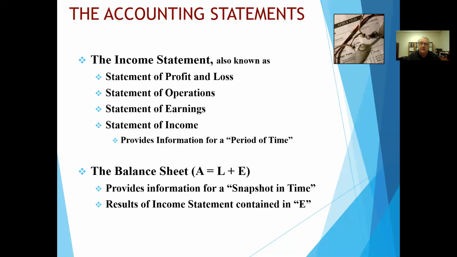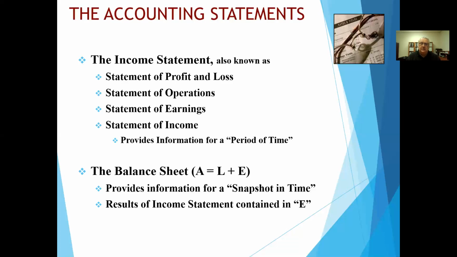Basically, the balance sheet just lists at a point in time your assets, your liabilities, and equity. It'll tell you things like how much money you have in the bank, how much you owe to your creditors, and how much money is really there still in the business for the owner should the business dissolve. And just as important is the income statement.